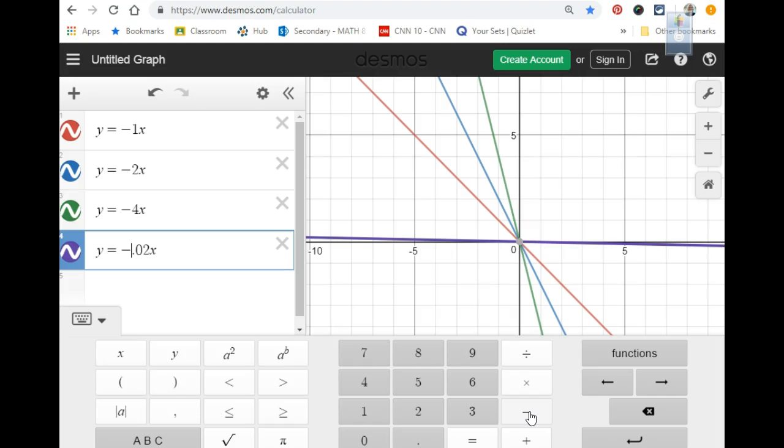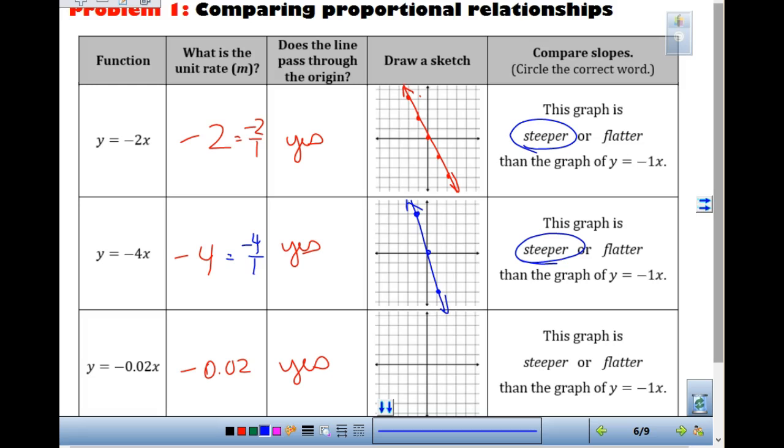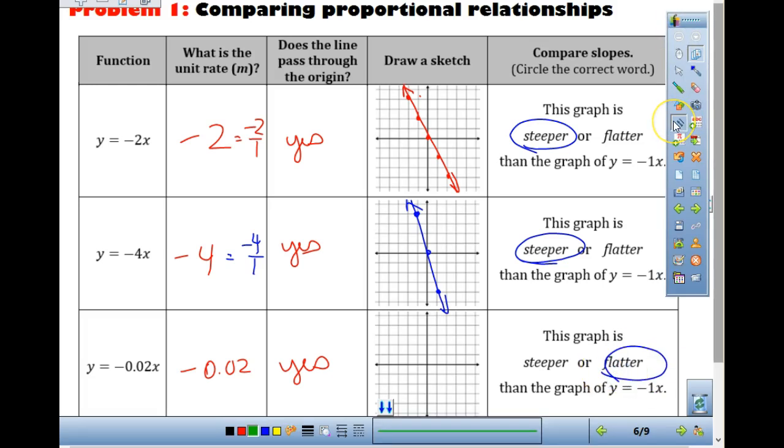It's almost horizontal. But you still want to draw it a little above on this side and a little below on this side, okay? It's super flat. So, again, when I'm looking at that last one, something like that, okay?